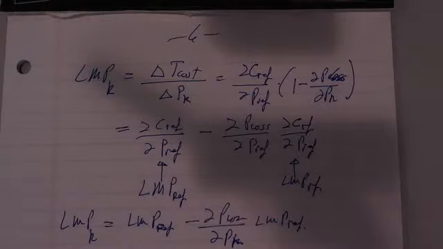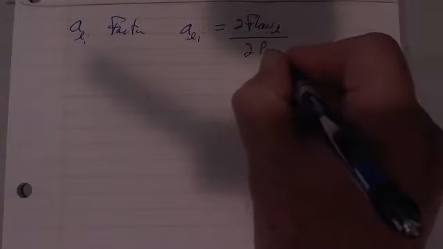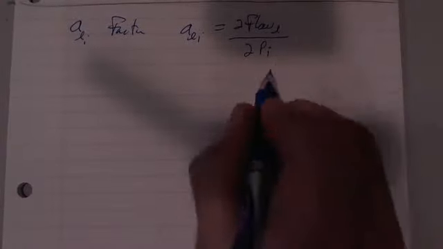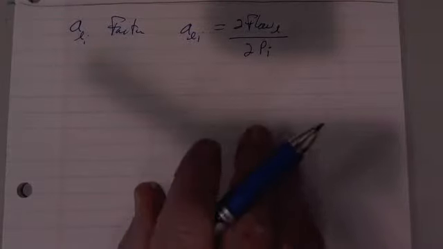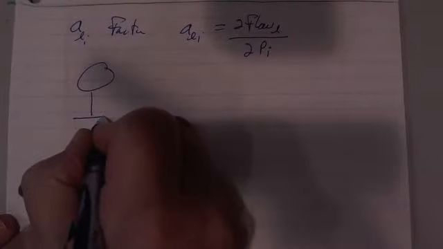Now, the next one, we're going to need an effect. I call it the A sub Li factor. And A sub Li is equal to the derivative of flow on line L with respect to a change of flow on P sub I. So let's come back and we'll draw our generator, our reference bus.